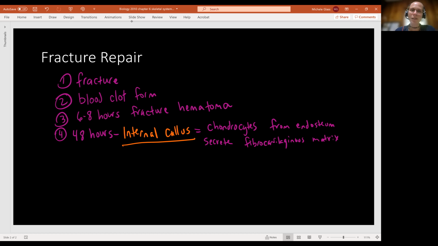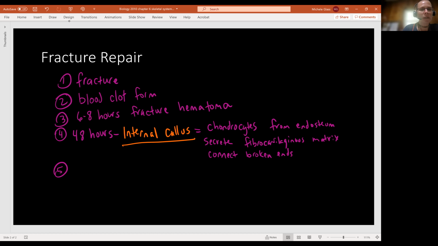Fibrocartilaginous matrix. So that means we're going to have a lot of collagen fibers. This is not a bony matrix. This is a cartilaginous matrix. And this is going to help connect the two broken ends from the inside, right? Because we're doing an internal callus.